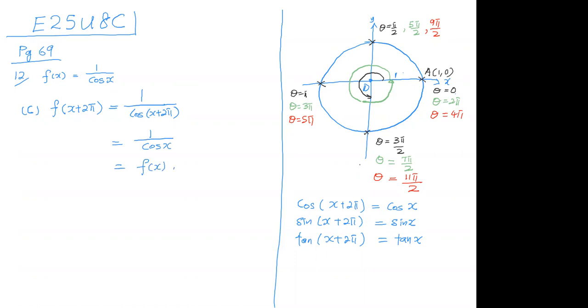So explain. Now they ask you to explain the geometrical significance of this result. So how do you explain? As what I explained here, every 2 pi is 1 cycle. Right?